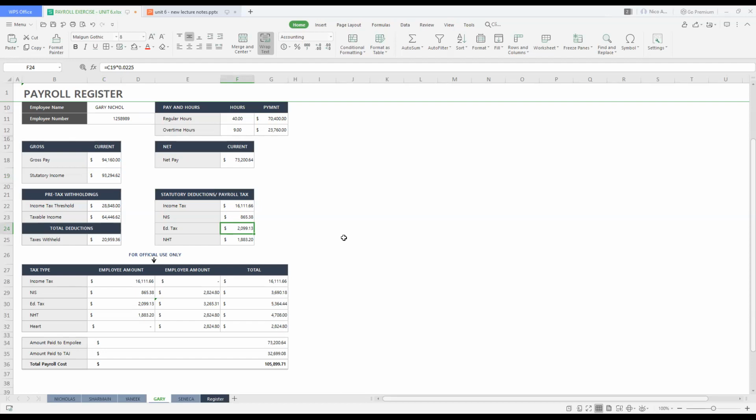We can also find NHT, which is 2% of the gross pay, and that's 2% of $94,106, which gives us a total NHT of $1,883.20. So the last thing that we have to do now is to find the income tax. Now, income tax is derived by taking away the income tax threshold from the statutory income.